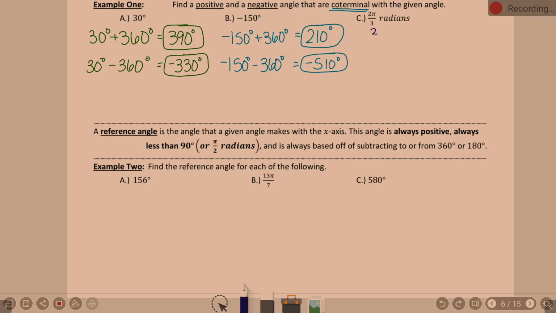So 2 pi over 3 plus 2 pi. How do I add 2 pi to 2 pi over 3? Or forget the pi's.